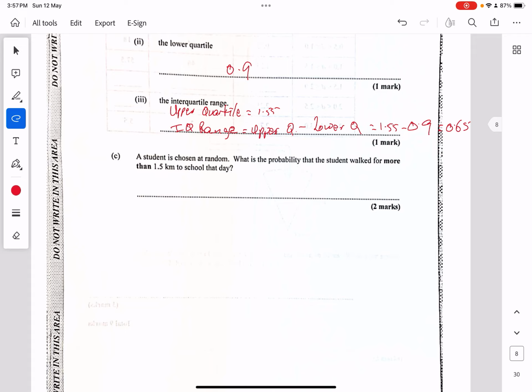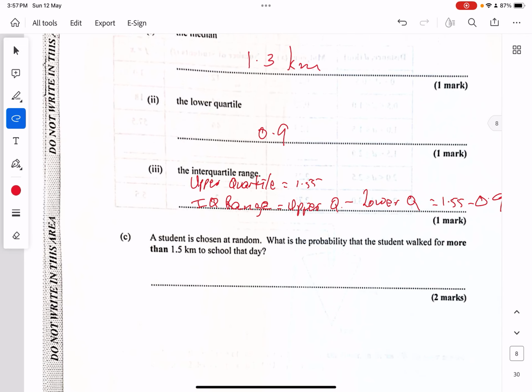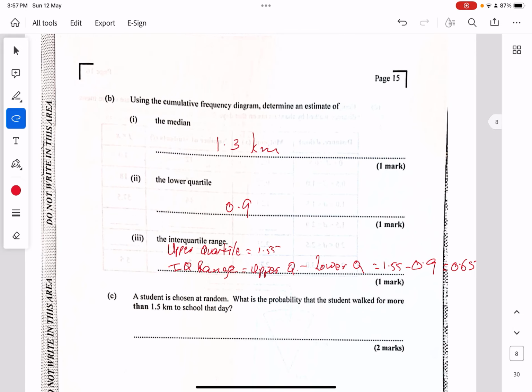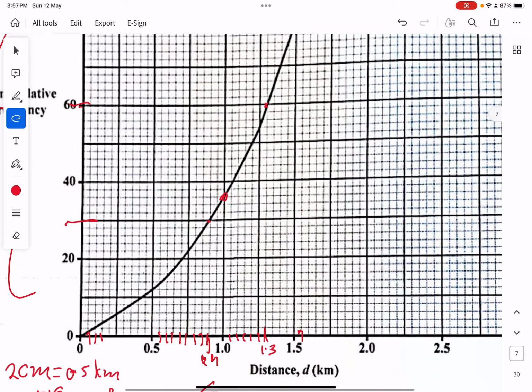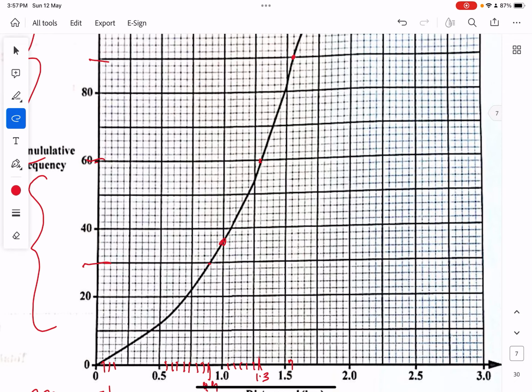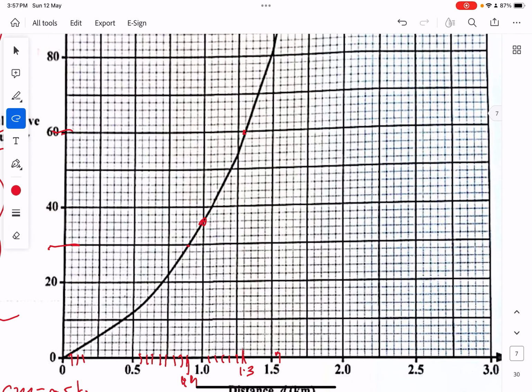A student is chosen at random. What is the probability that a student walks for more than 1.5 kilometers to school that day? So we find 1.5, go up to the curve, and figure out how many students walked more than that. 1.5 is here.